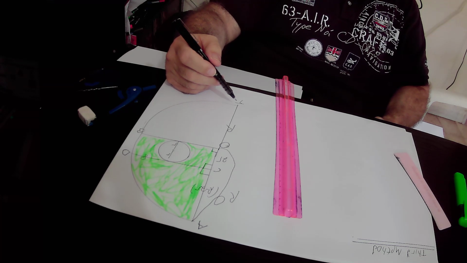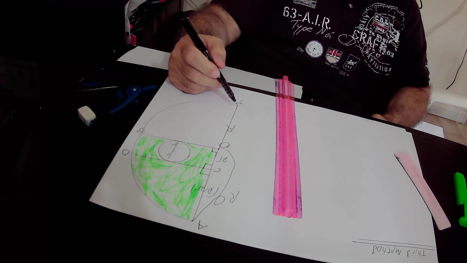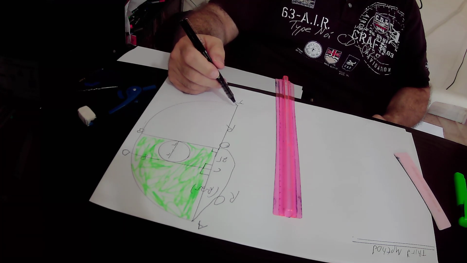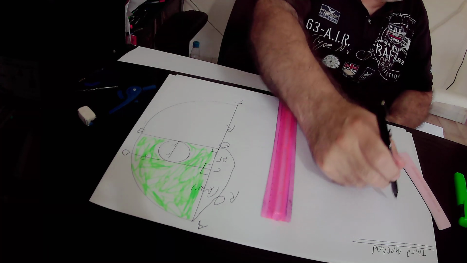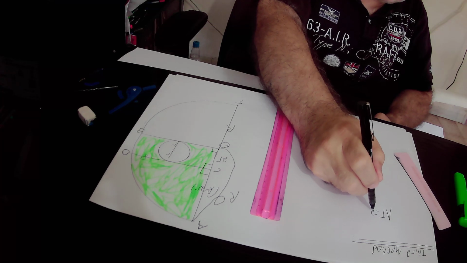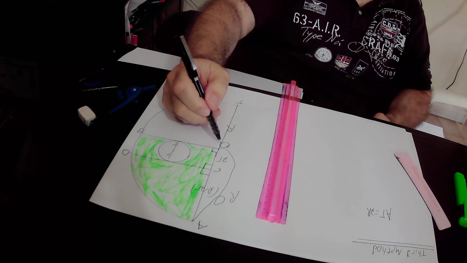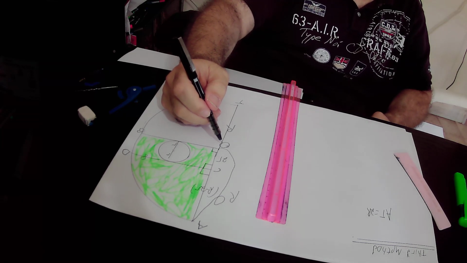AT is actually a chord in this semicircle that is equal to 2R, 2 times capital R, and it passes through the center of the semicircle.